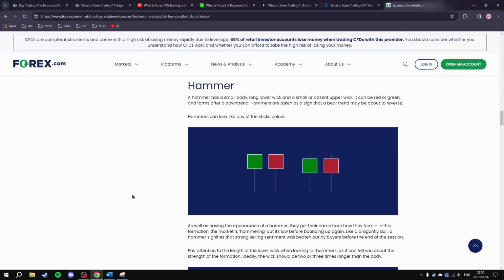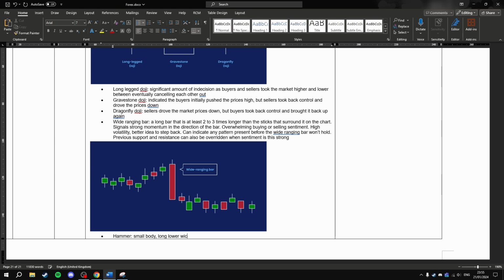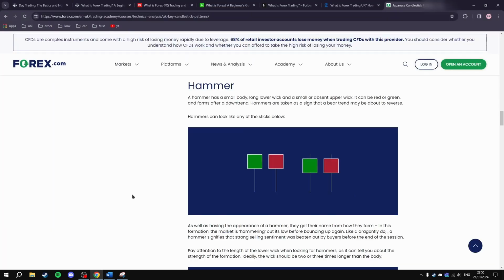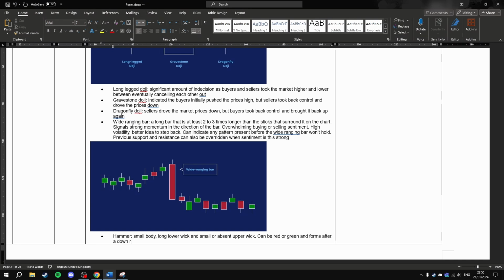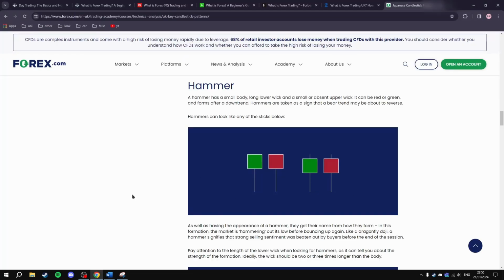It can be red or green. It forms after a downtrend. Hammers are taken as a sign that a bear trend may be about to reverse.